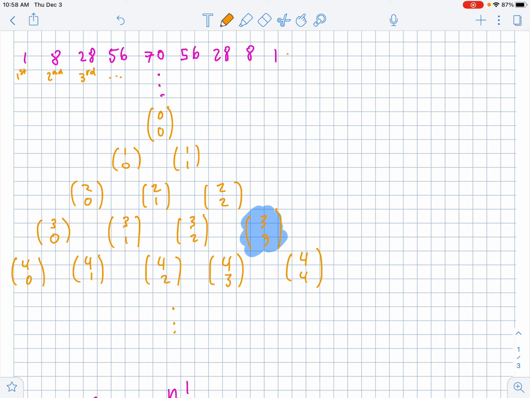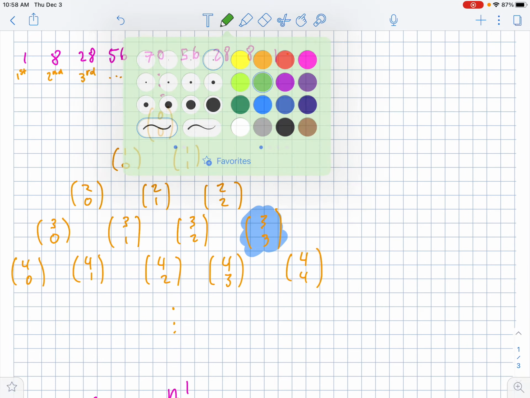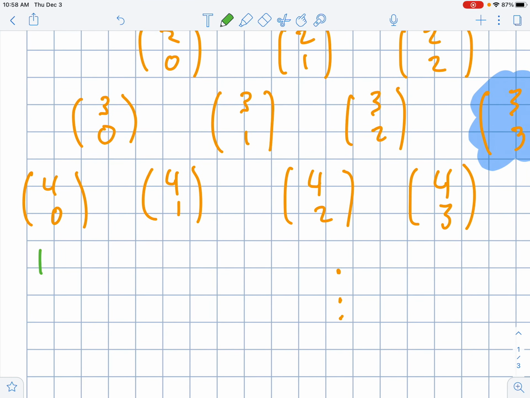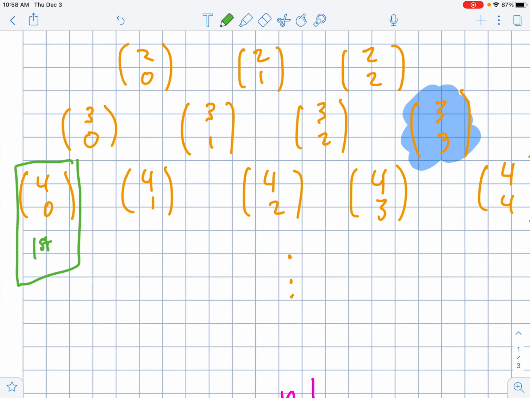A quick note about this that everybody gets tripped up on, like a classic trick question, is that this first term right here is the first term. Notice that it's not 4 choose 1. That's always where people get tripped up. If I say, find me the third term in this sequence, people say, okay, I have to do n choose 3. Well, no, n choose 3 is not the third term.